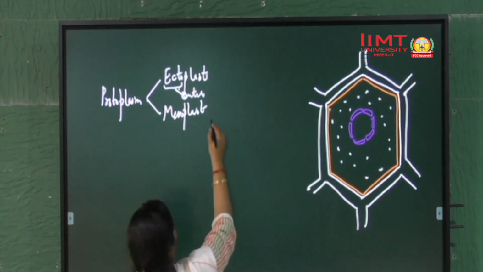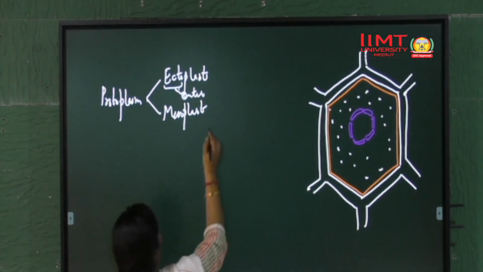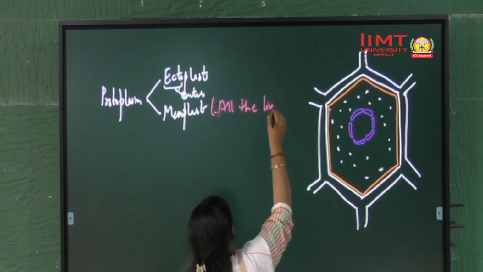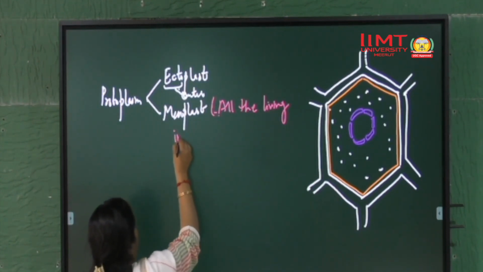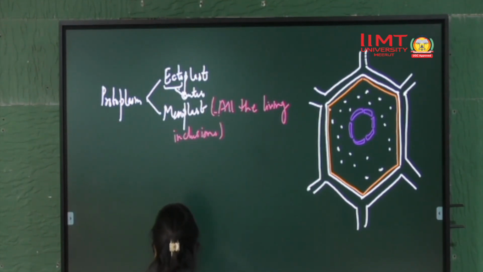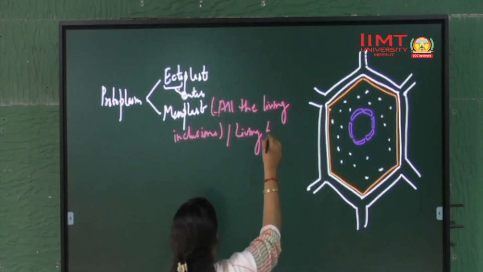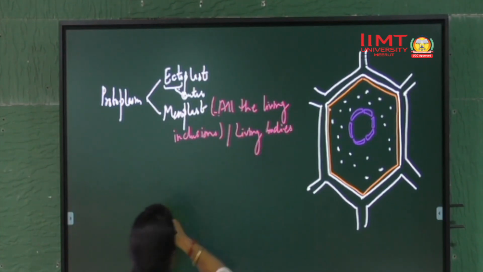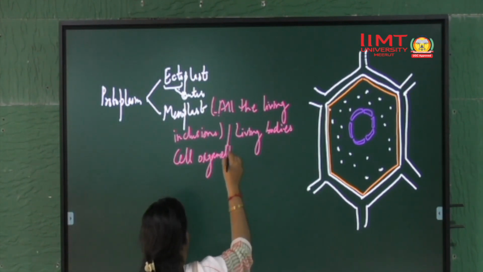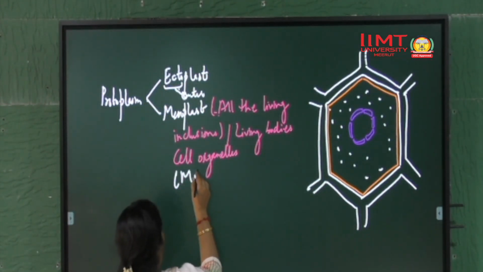What is the quality of this mesoplast? Mesoplast contains all the living inclusions. What are these living inclusions? These living inclusions are living bodies like cell organelles, these cell organelles like mitochondria.